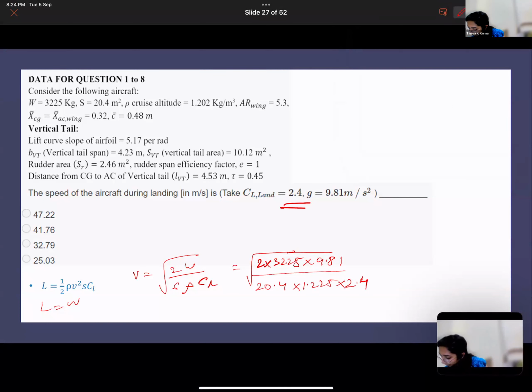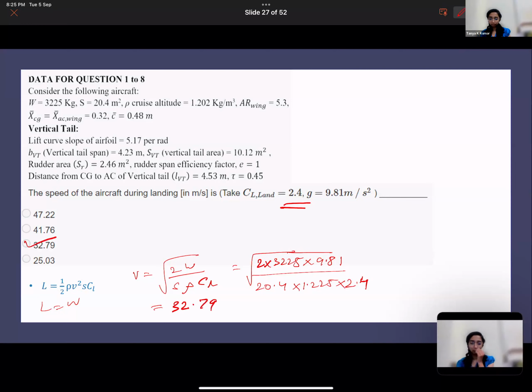Can you find this value? So I'm getting something around 32.79.